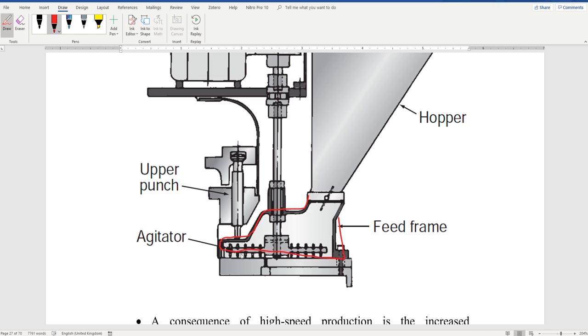So you want to fill the powder inside the die cavity here. In order for this to happen very quickly, you need to agitate the powder in the hopper shoe.